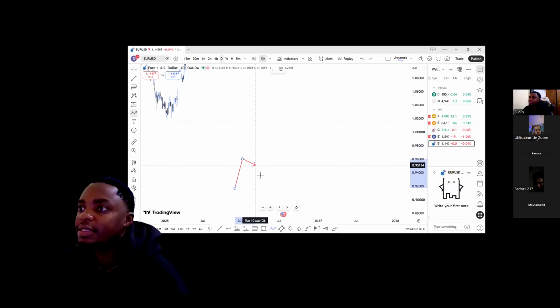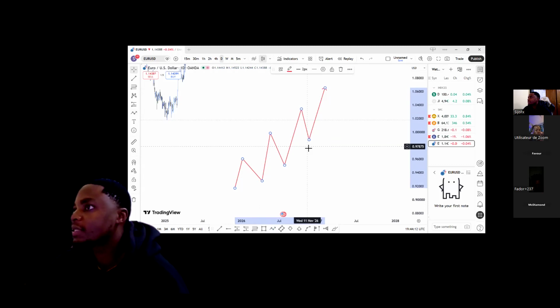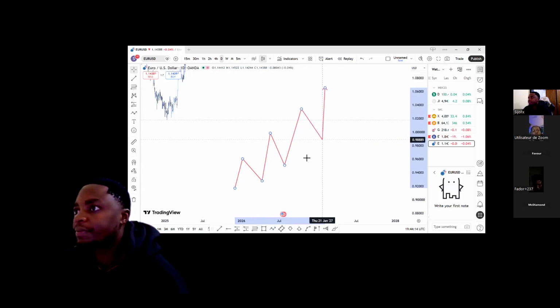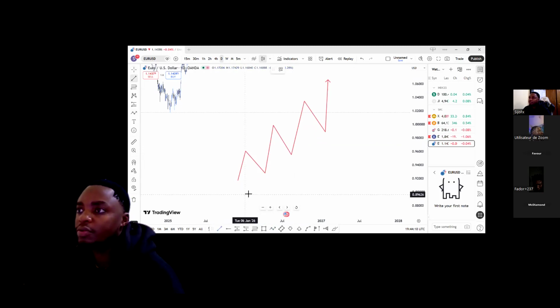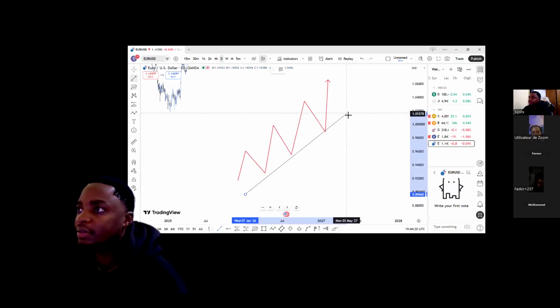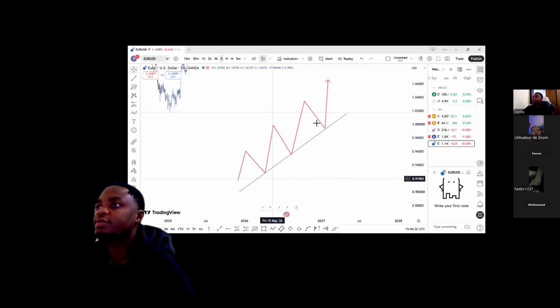The market is forming higher highs, higher lows, higher highs. When the market is forming these higher lows and higher highs, we can call it the bullish market. This is a bullish market when the market is going up.